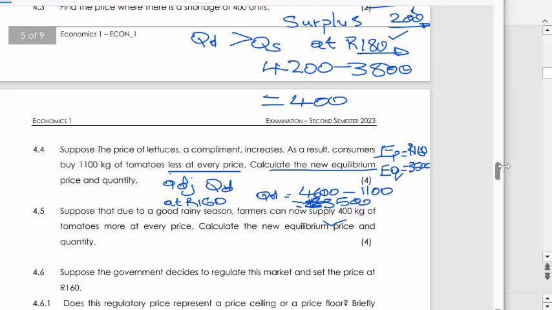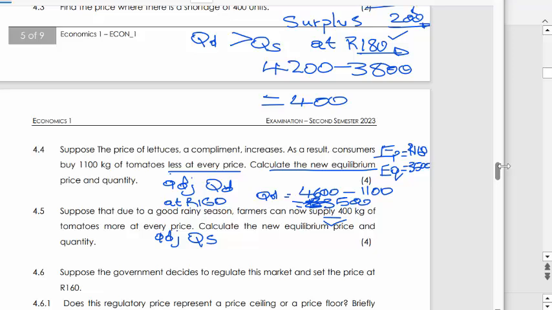Now we must adjust again. Remember, now we are talking about supply, whereas here we were talking about demand. So let's adjust the quantity supplied.